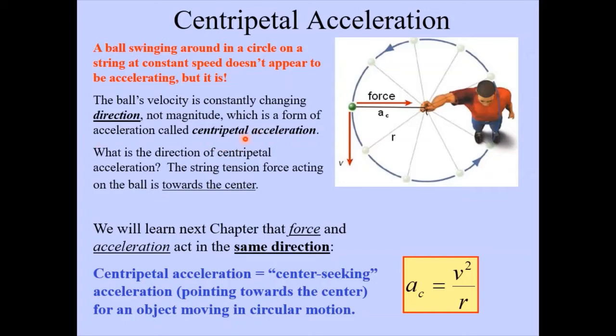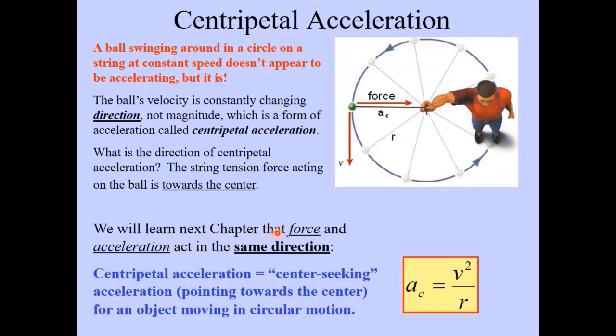It's not due to a change in speed of the ball. It's due to a change in the direction of the ball. So one question that comes up is, what is the direction of this centripetal acceleration? Well, the string's tension force is pulling on the ball towards the center of the circle. And we're going to learn in the next chapter, chapter 4, the relationship between force and acceleration.